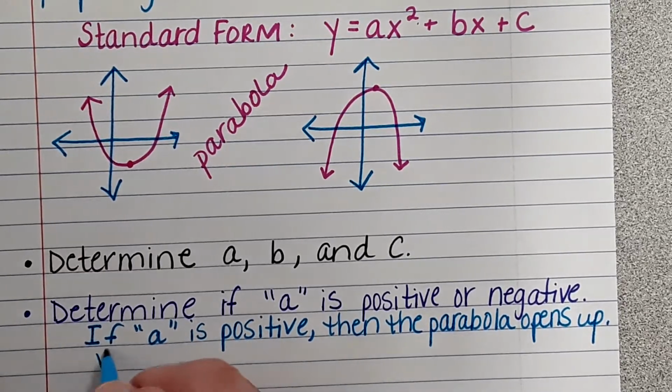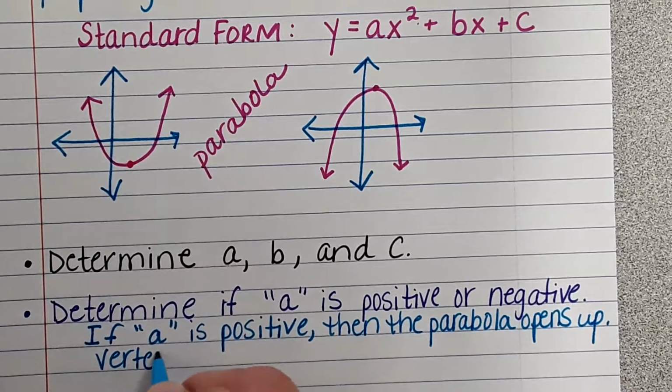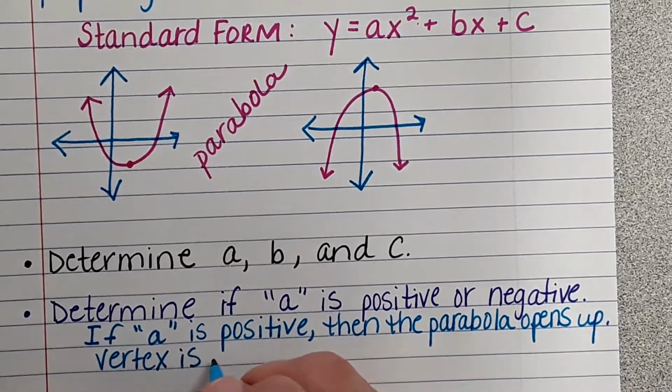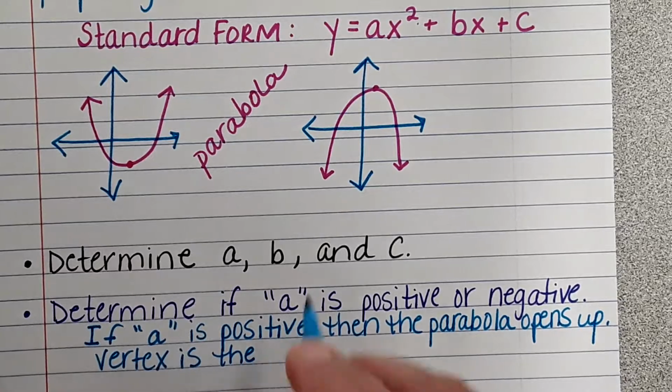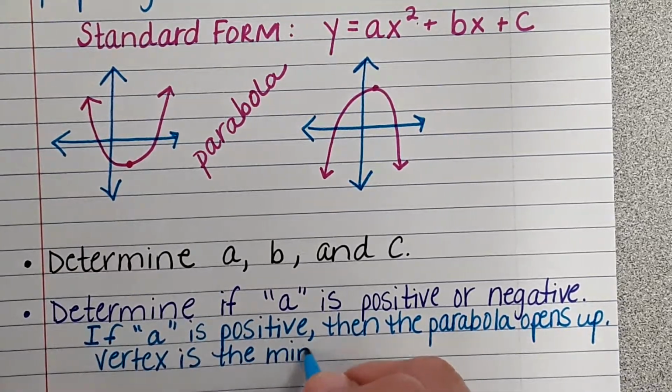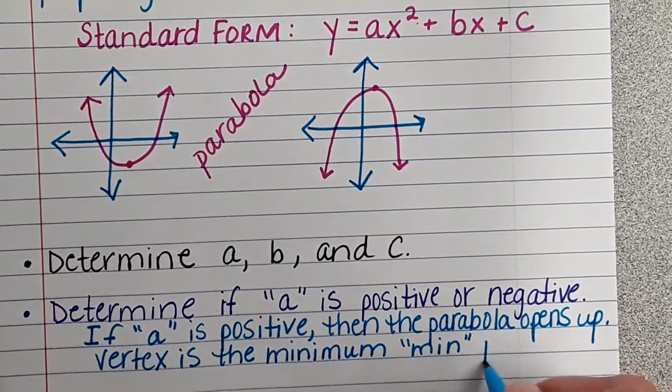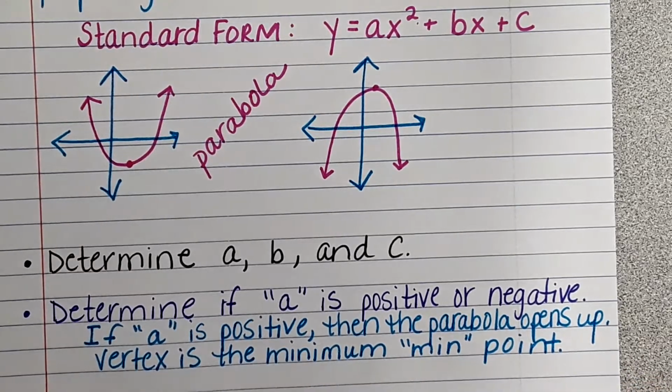And then the vertex is the minimum, what we call the min point. And what that means is it's at the bottom of the graph.